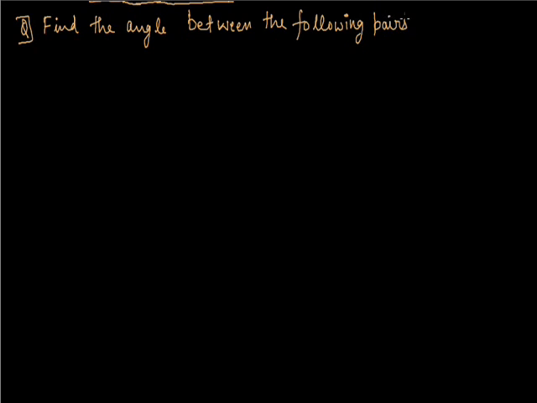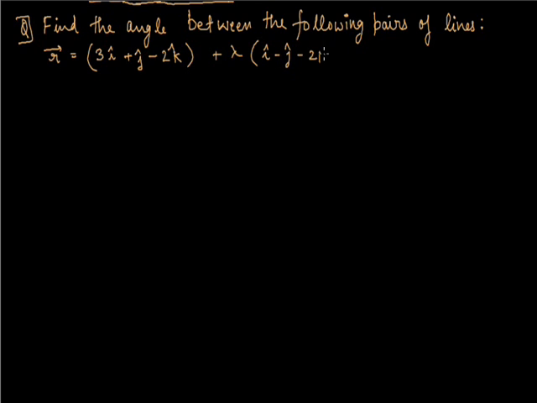The first question is, find the angle between the following pairs of lines. Lines are r vector equals 3i cap plus j cap minus 2k cap plus lambda times i cap minus j cap minus 2k cap.